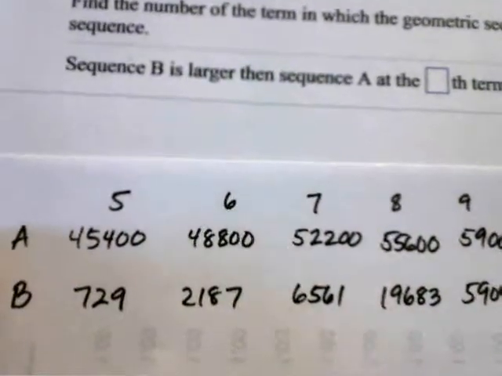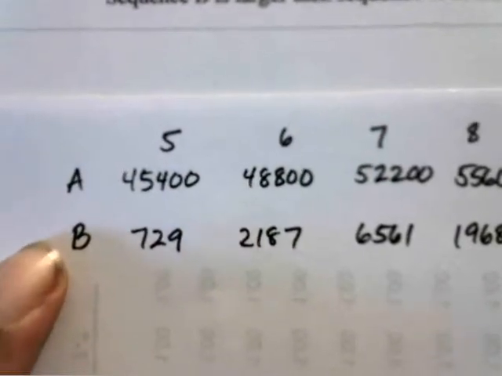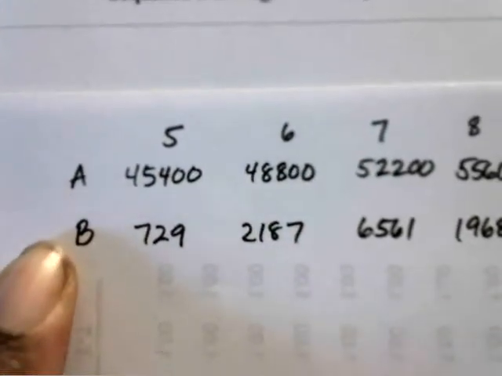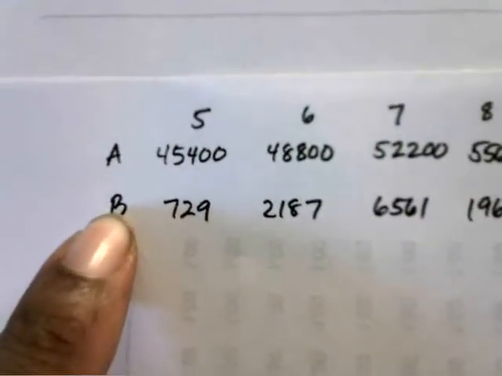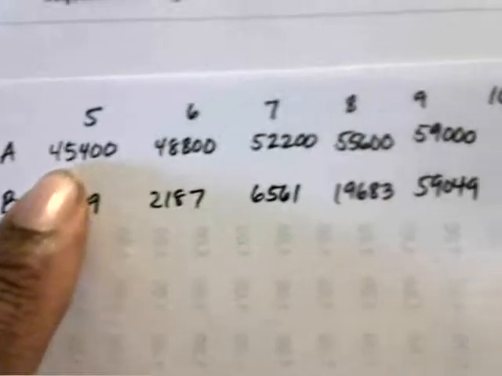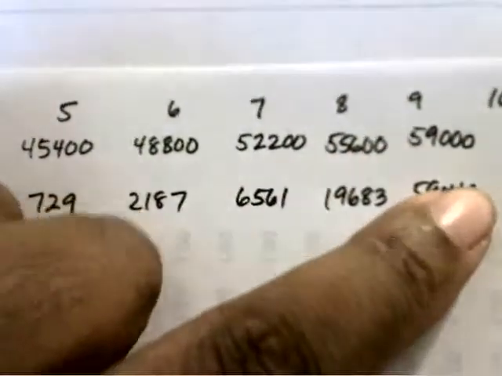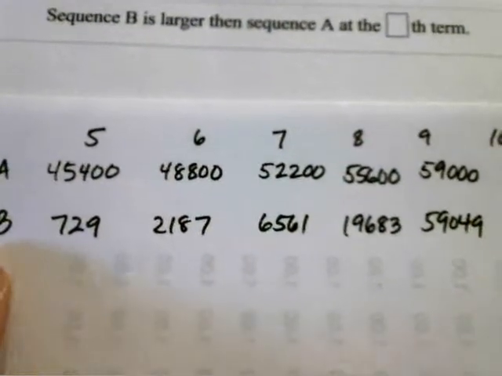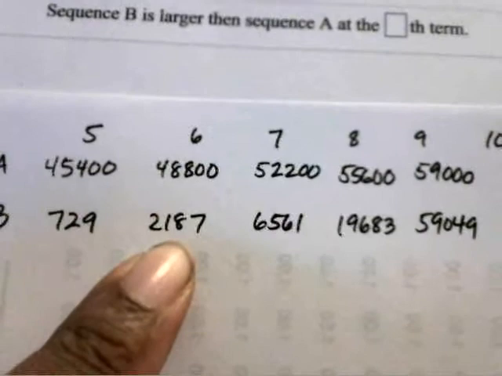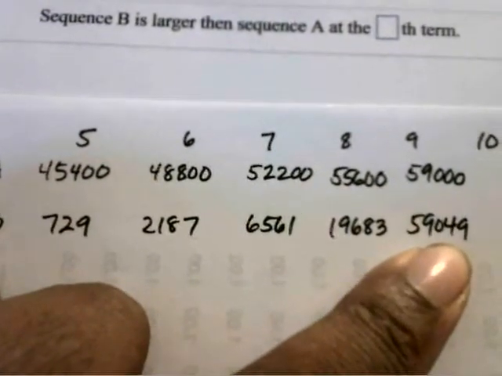Now, the common difference in A was 3,400 and the common ratio in B was 3. A was an arithmetic sequence, B was a geometric sequence. So here, from that fifth term, I added 3,400 each time and saw that it was 59,000 at the ninth term. And then for sequence B, I multiplied by 3 each time and saw that the ninth term was 59,049.